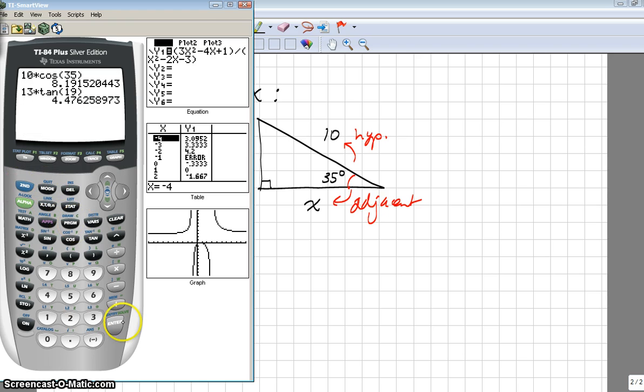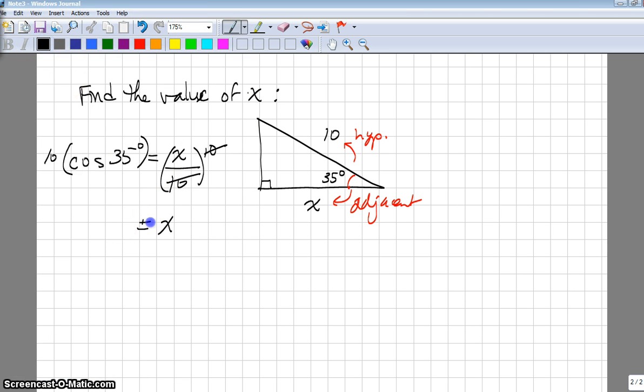Okay, then we'll go to the home screen and we're going to do 10 times the cosine of 35 degrees. And that will give us an approximate length of that side. So we're going to round to 3 places, 8.192. So we're going to say x is approximately 8.192.